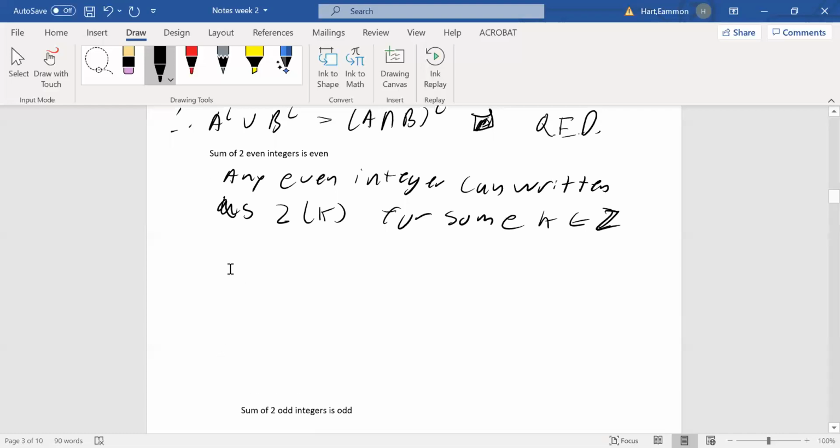So the sum of two even integers, we would have 2k plus 2j. That would be equal to 2 times k plus j. k and j are both integers right here.